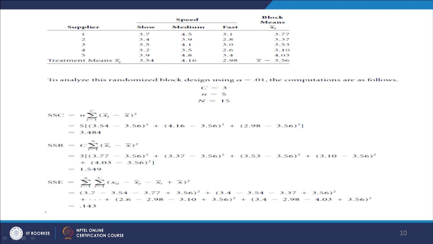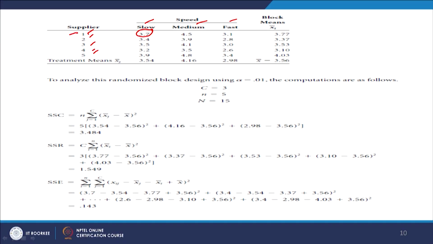So, let us say there are 5 suppliers and 3 speeds, right, slow, medium and fast speed. So, this is the tread wear when experiment was performed on tire manufactured from raw material supplied by supplier 1 and the speed was slow. What is this?